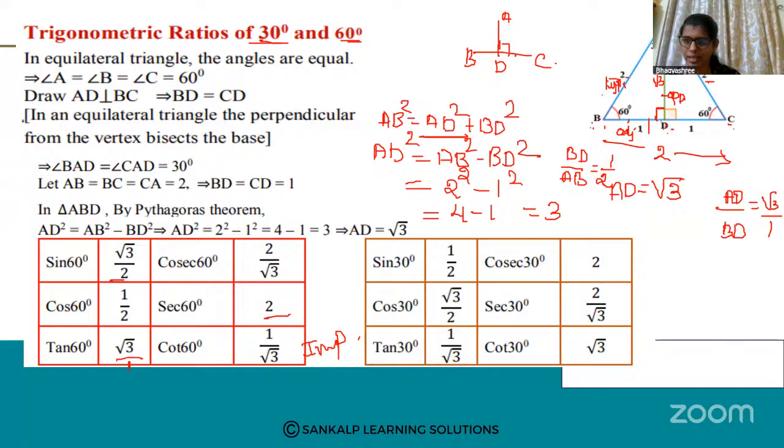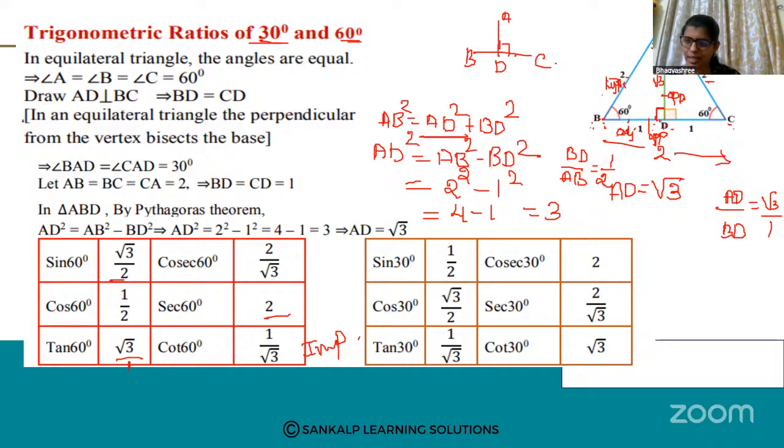This is the hypotenuse and this is the adjacent side. Now theta is here. This is the adjacent side and this is the opposite side, and this is the hypotenuse. So sin 30 degree means opposite side divided by hypotenuse, BD divided by AB. Is it understood? BD divided by AB. That is 1 by 2.